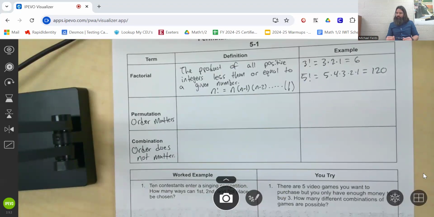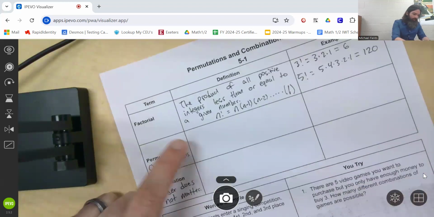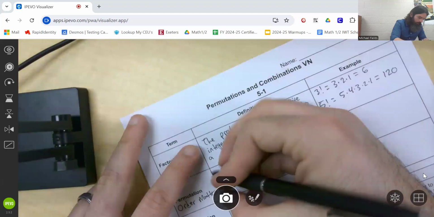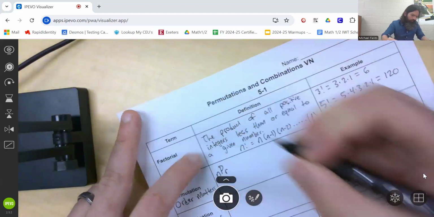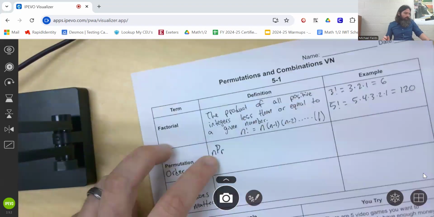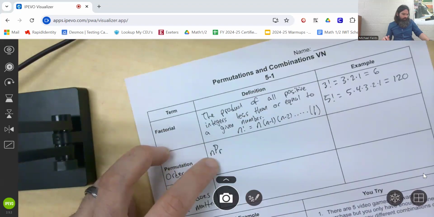So I'm going to give you the formula for permutation, then we'll look at the example of drawing a 3, then a 5, and a 7. All right, so permutation is nPr. So n is the number of total cards that we have, and r is the number of cards we are drawing.